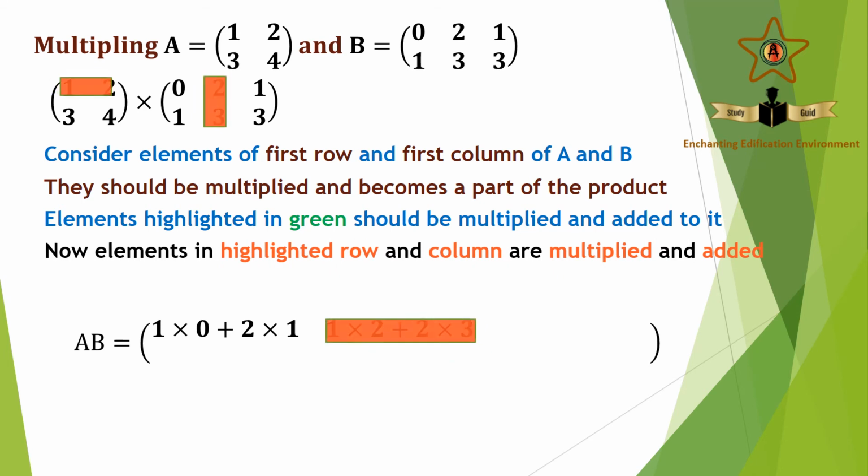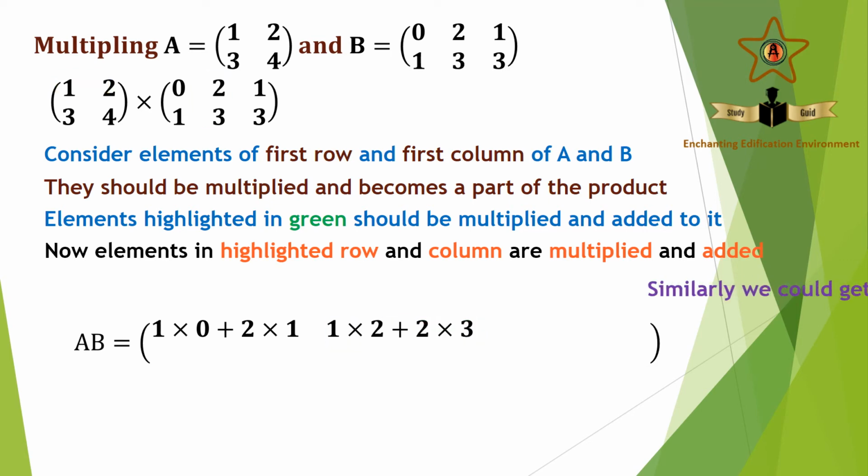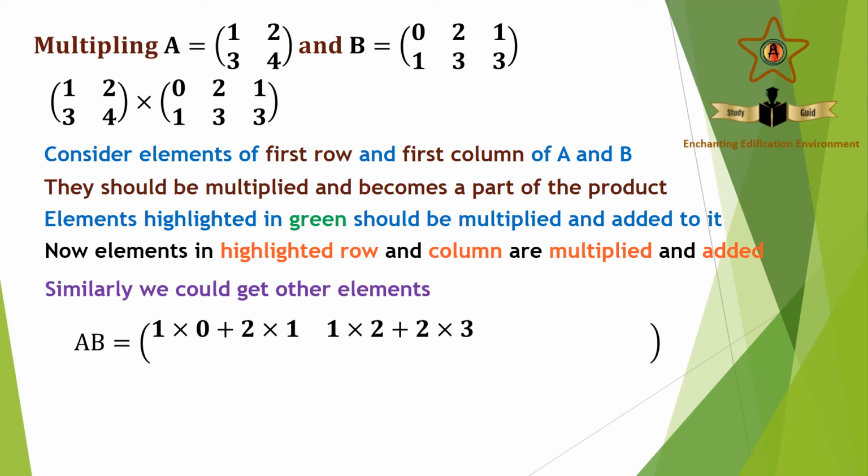Similarly, we have to multiply first row elements by second column elements to get the element of first row, second column, which is shown by highlighting. Then we can continue this in a similar manner.